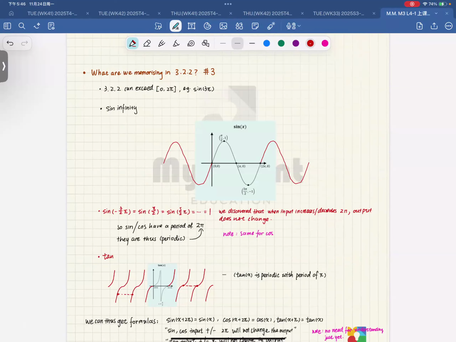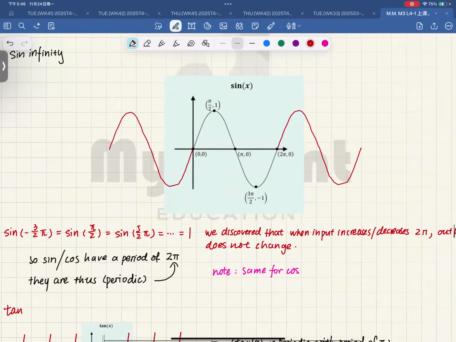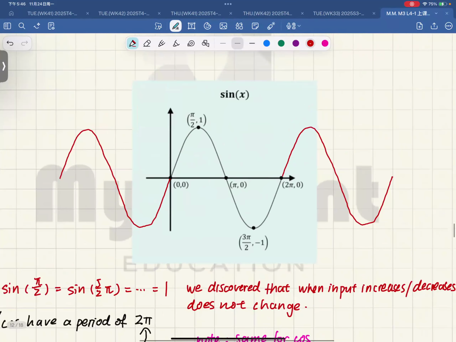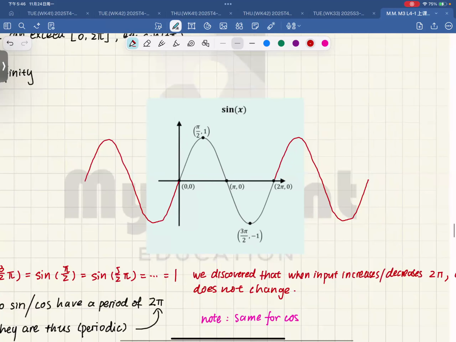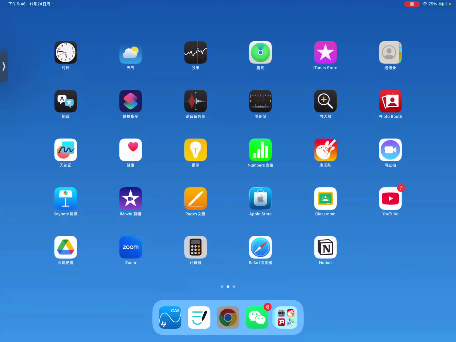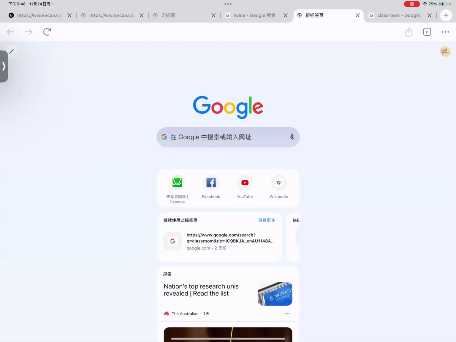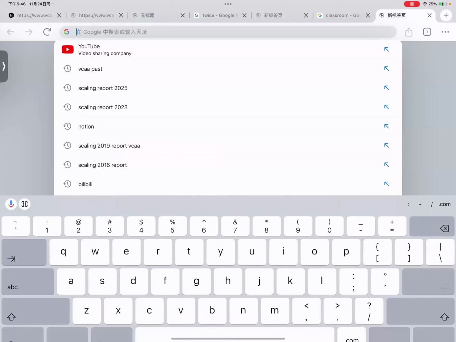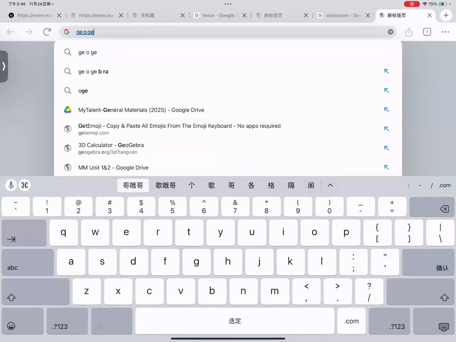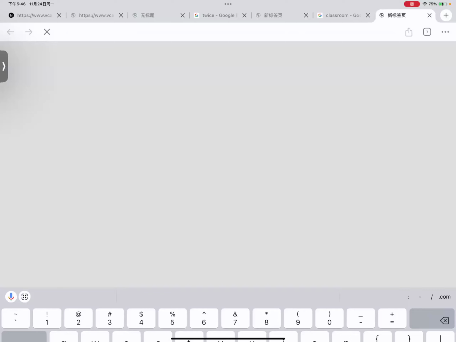So basically, sine x, that's the graph we just had a look at before. The graph of sine x is a continuous wave. It's oscillating between -1 and 1. Let's go to GeoGebra.